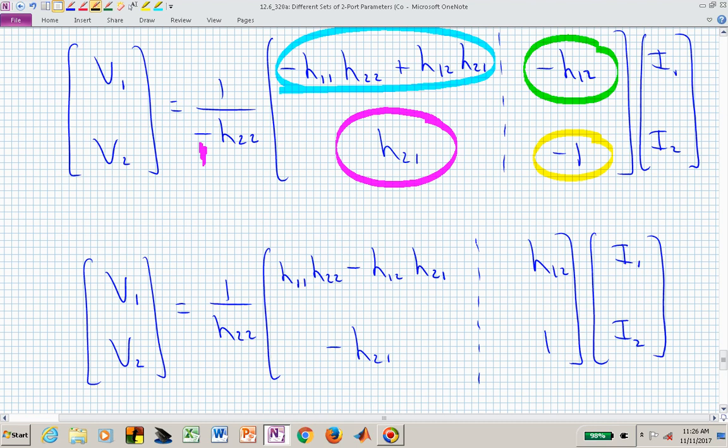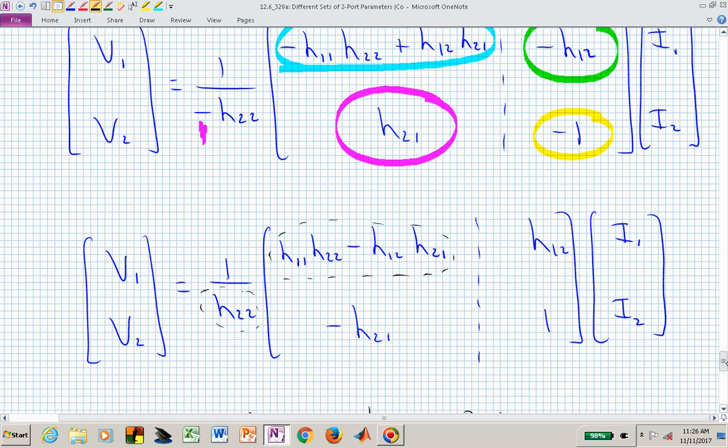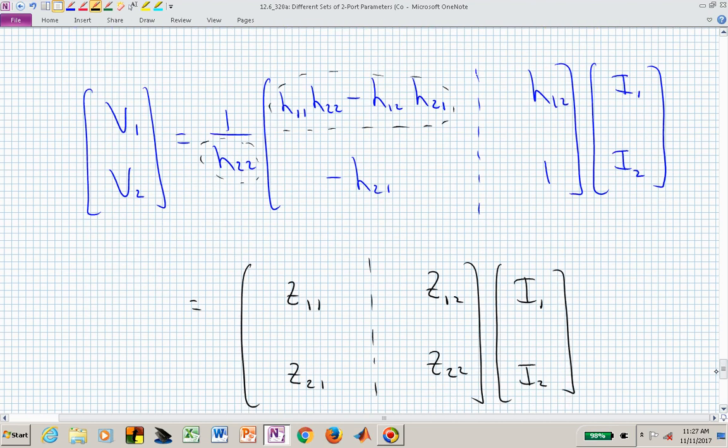Our z parameters, Z11, is that numerator over this denominator. And if you look at that numerator, you'll actually see that that's the determinant of the H matrix if we had H11, H12, H21, H22 as a matrix.